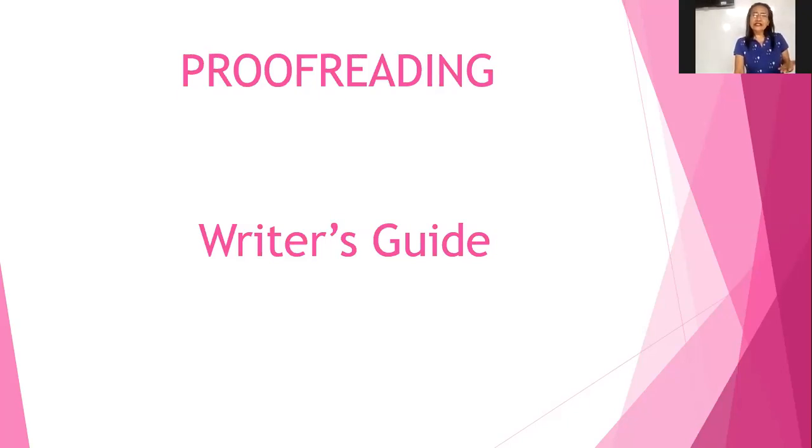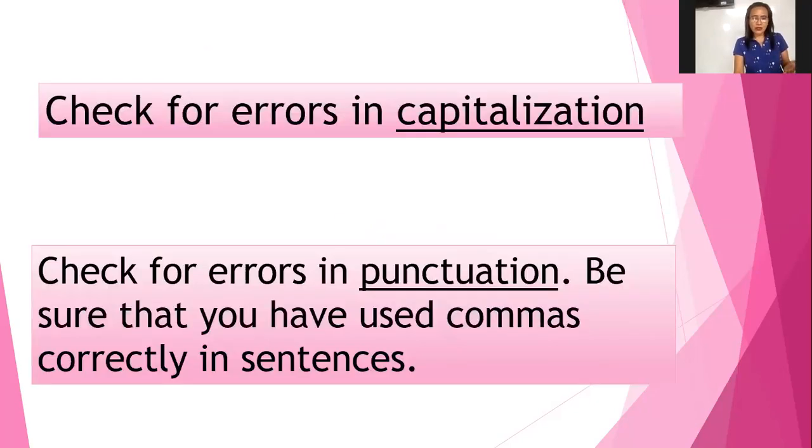Here, proofreading. So, you know what you are going to do when you are proofreading? Proofreaders do this work. Okay. They check for errors in capitalization. They check for errors in punctuation. They check for errors of the correct placement of commas.